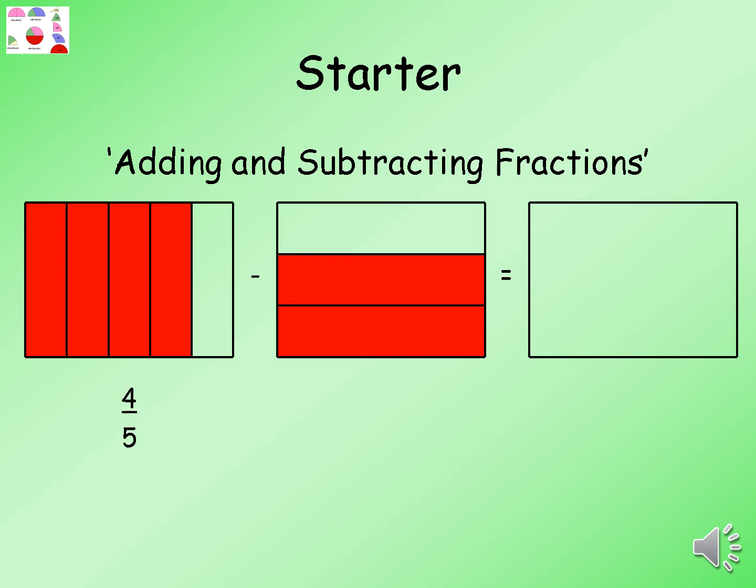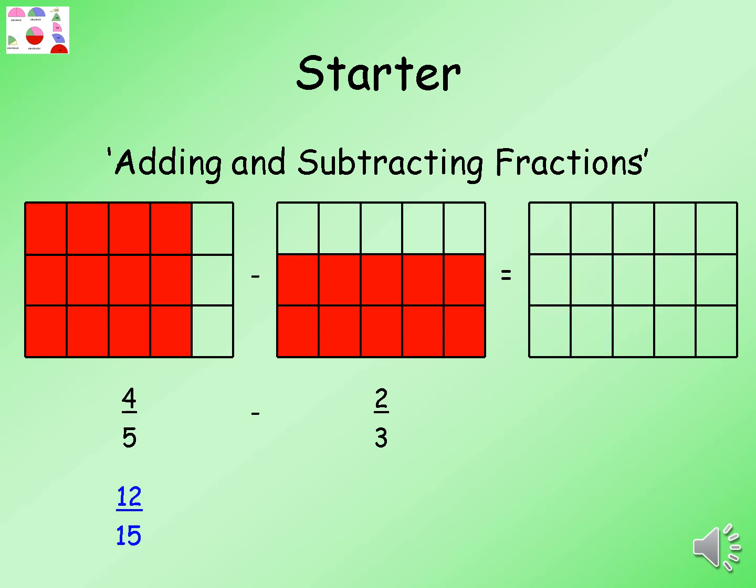Okay, so here we have 4/5 and we have 2/3. So we need to find the common denominator again. So the common denominator of 5 and 3 is 15. So again I've turned it into 15. And what did we do to the 5 to turn it into 15? The answer is we multiplied that by 3.